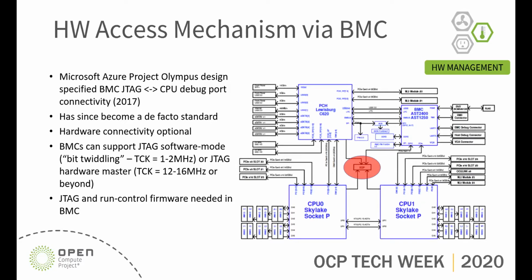In the diagram we see the BMC at the top right, at the time an AST 2400. You have connectivity to some of the general purpose I/O off of the ASPEED device connected into the XDP, the extended debug port, which in turn connects to the JTAG TAP, and the sideband signals associated with the debug port on these processors.